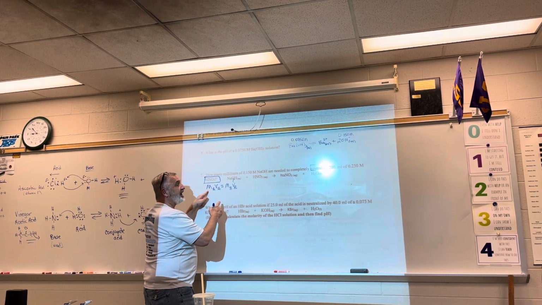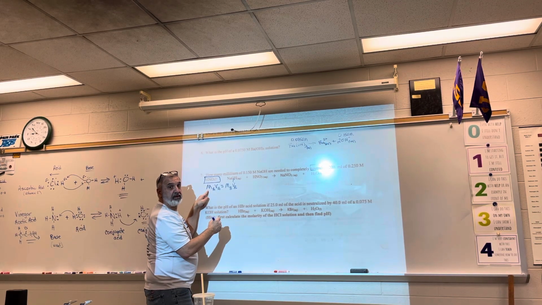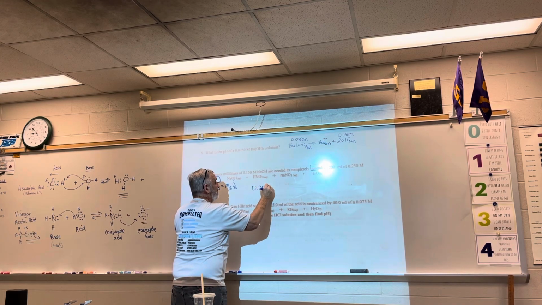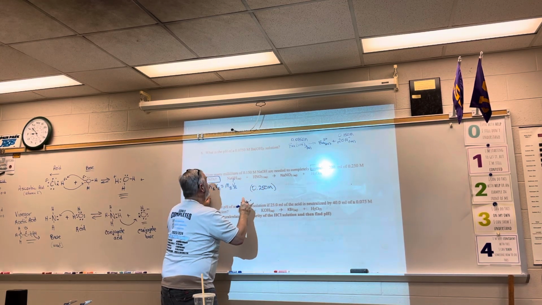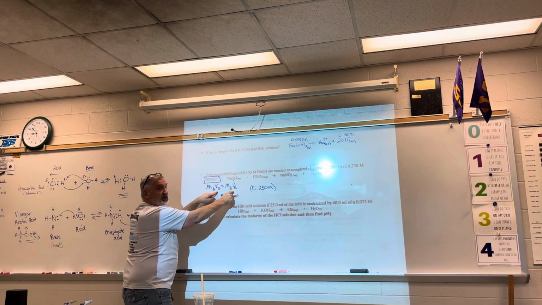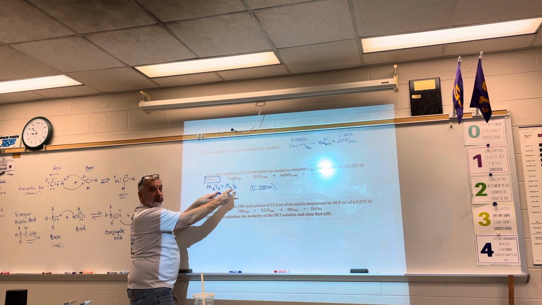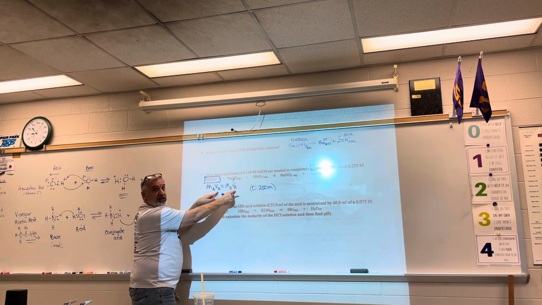Okay, so we just plug in now. So the molarity of the acid is what? 0.250 molar. Now the good thing about this is because it is a ratio, I don't have to convert the volumes to liters, even though that's moles per liter. Because if I divide this one by 1,000 and I divide this one by 1,000, the thousands are going to cancel out.